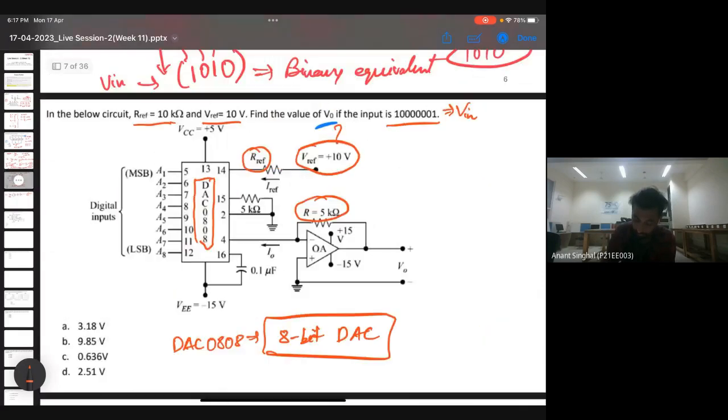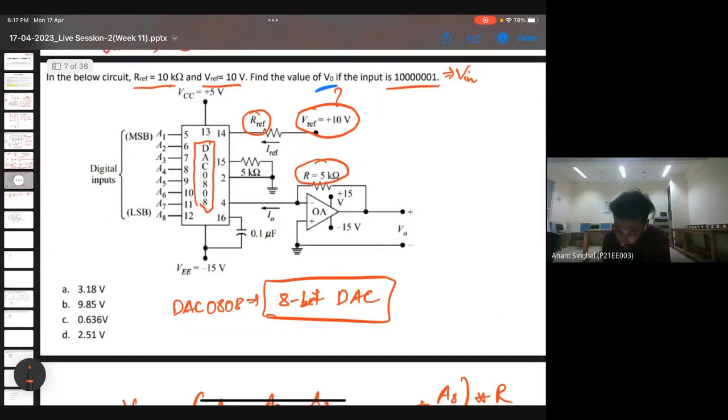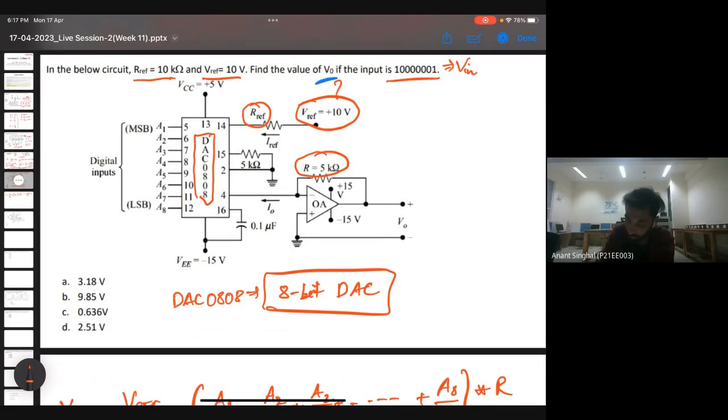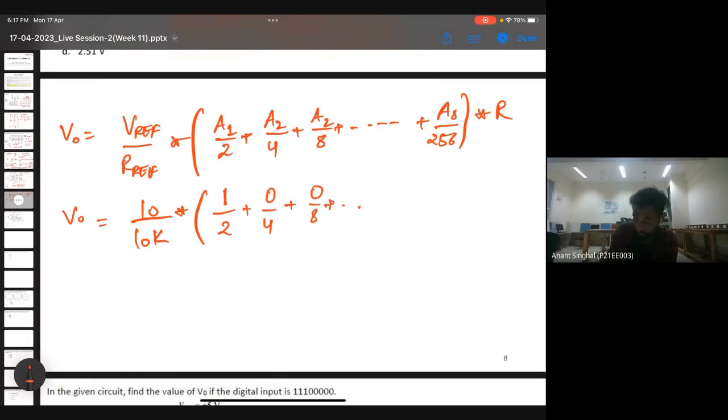VREF is given as 10 volt, and RF is also given as 10 kilo ohms, and then input is 1, and then last is 1. So it is nothing but 10 upon 10 kilo ohms into, so this one is 1, which is the MSB, then the rest of them are 0, and the last bit is 1, and the R is given as 5 kilo ohms.